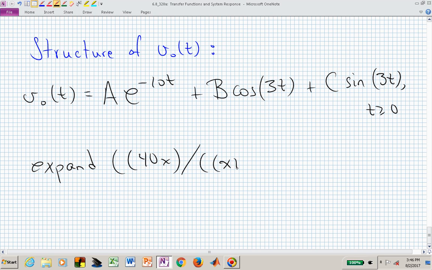Then we have x plus 10 times the quadratic, which is x squared, x caret 2 plus 3 squared, or 9. And now we just close everything up.